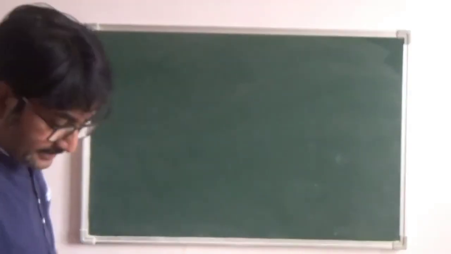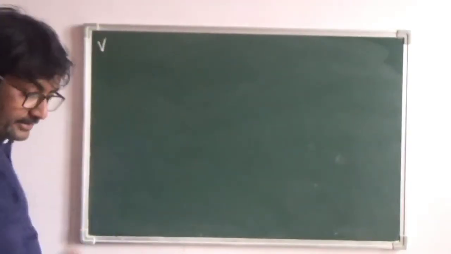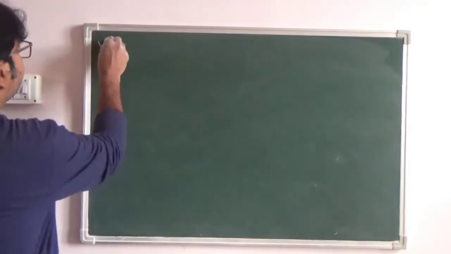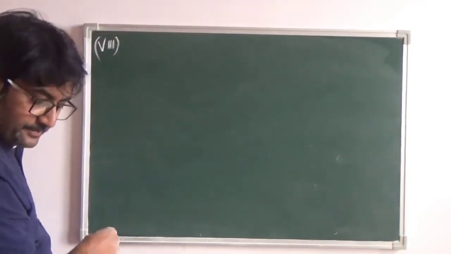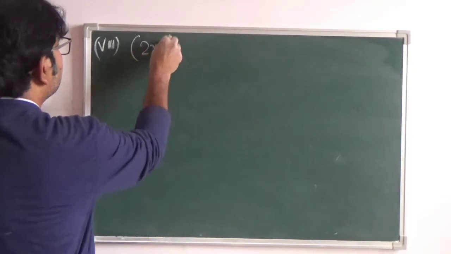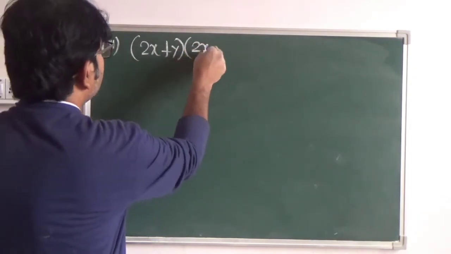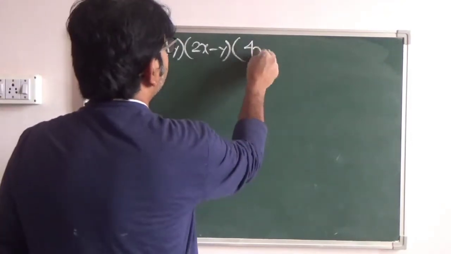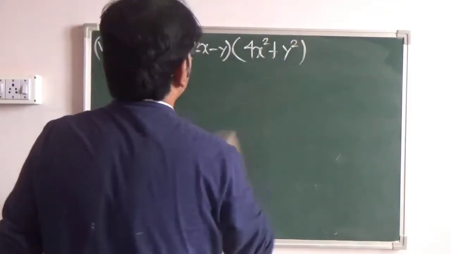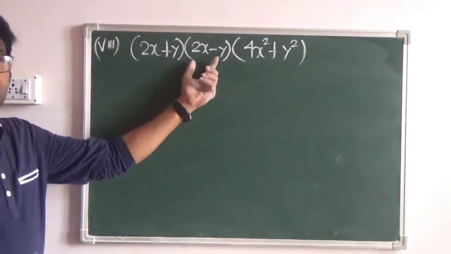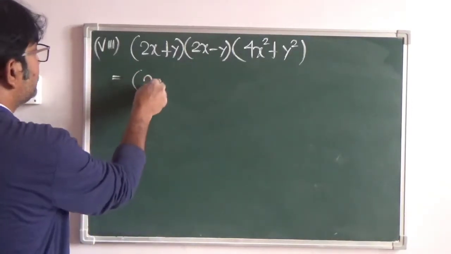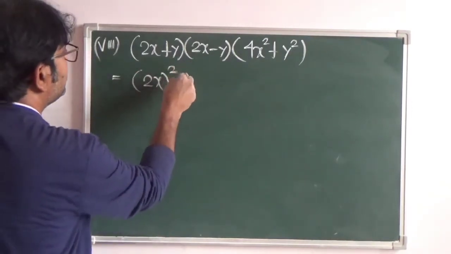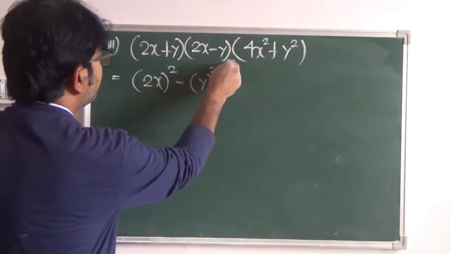The next one, I think this is number 8. (2x + y) into (2x - y) into (4x square + y square). It is again (a + b) into (a - b), right? So you write (2x) square minus y square.